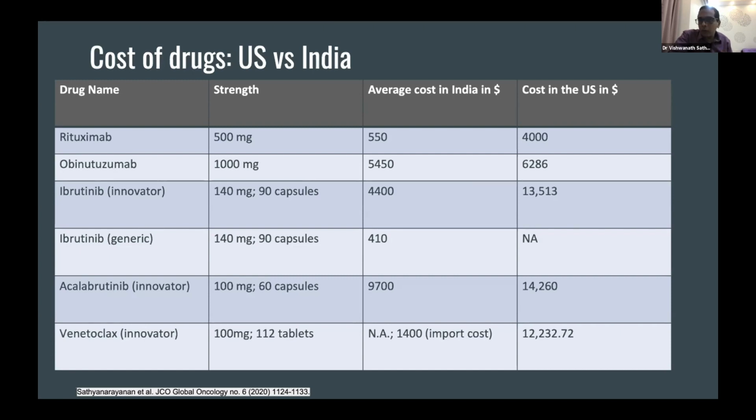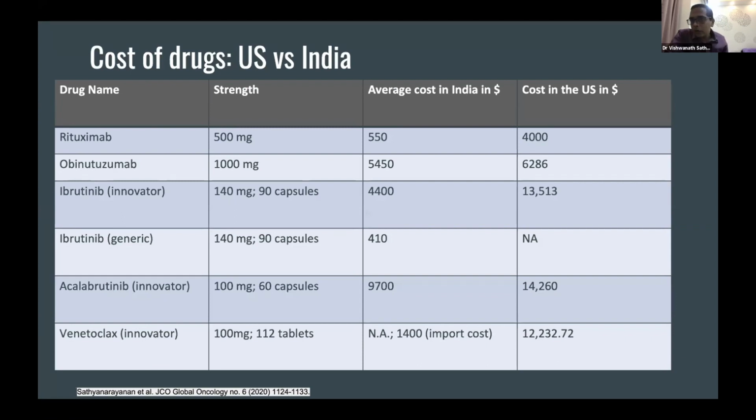And we have generic ibrutinib. Several generic molecules have come in, and the cost of one month's therapy, at 420 milligrams for chronic lymphocytic leukemia, is around $410 in India. I think the generic molecule is not available in the United States. Talking about acalabrutinib, right now it's quite expensive in India, but we have a significant robust patient assistance program. Without that, it's around $9,700, and in the US it's around $14,260.